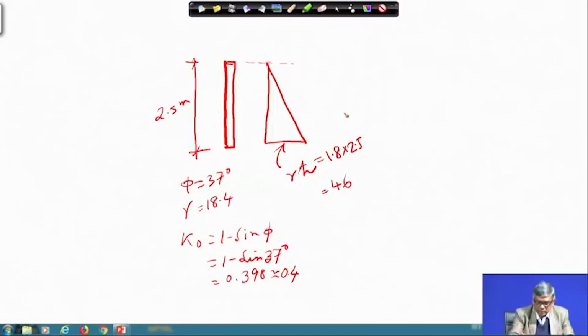This is actually the vertical stress. Now, if I want the lateral earth pressure at rest condition, it will be multiplied by K naught. So, if I do this, sorry, it cannot be so.